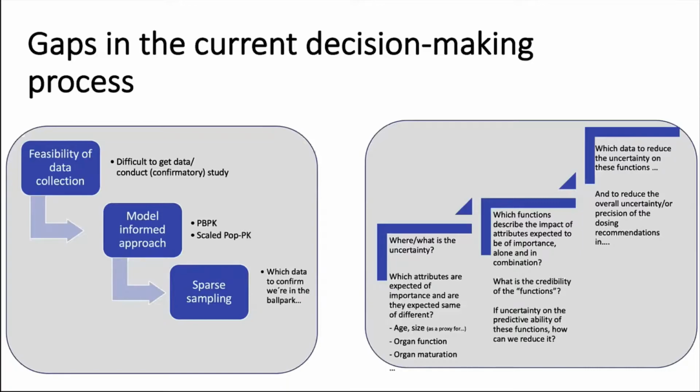And before starting the data collection, before considering the different analytical methods that could inform answering that question, it is established what is the actual uncertainty that needs to be addressed by new data, and how all this data, given the method planned to be used for their analysis, would address and reduce this uncertainty or increase the precision in the dosing of the target population.